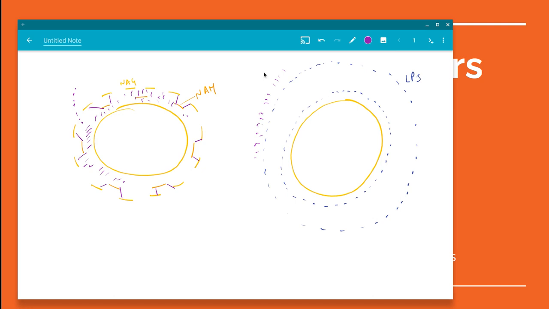Is it getting trapped anywhere? No, sir. So if you wash the right hand side bacteria, the crystal violet will be easily washed away. But if you look at the left hand side bacteria, however you wash it, it is not going to go away. It is trapped over there.